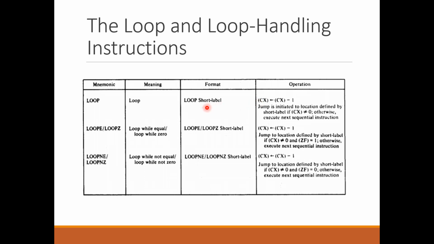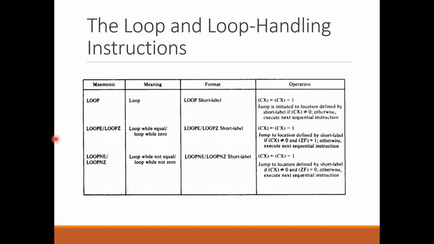After each iteration, the value inside CX is decremented by 1. It becomes 9, 8, 7, up to 0. So this loop is repeated until the value of CX becomes 0.